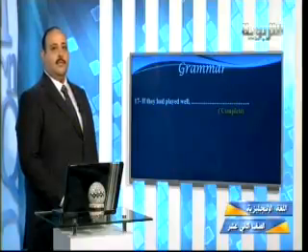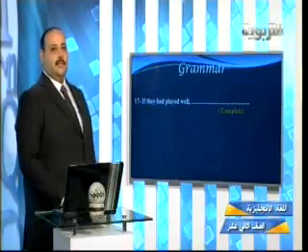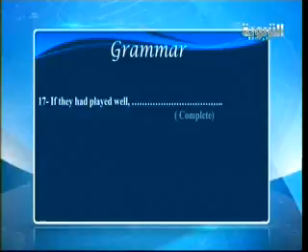And if you know sentence number 2, then you can guess sentence number 1. If you look at sentence number 1, which is the dependent clause, we have had played. Now, had played, it is past perfect. In this case, the second sentence or the independent clause should include would plus have plus past participle. And then you add the completion.